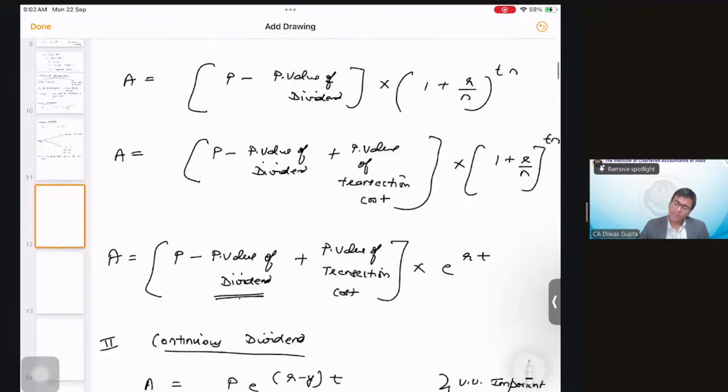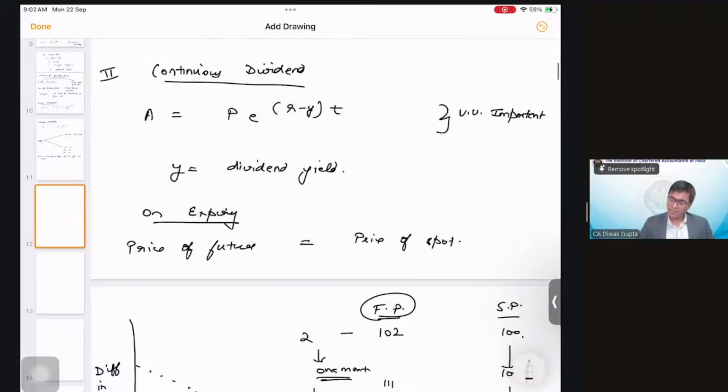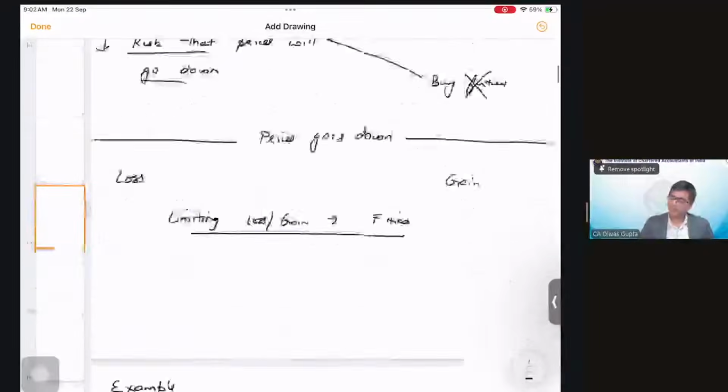No, I think you're right. This has to be this way only. So P minus present value of dividend plus present value of transaction cost into e raised to the power RT.